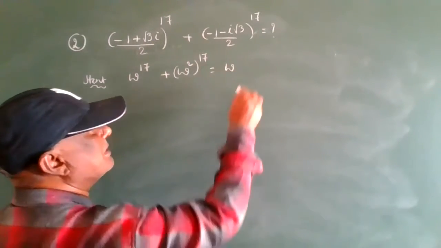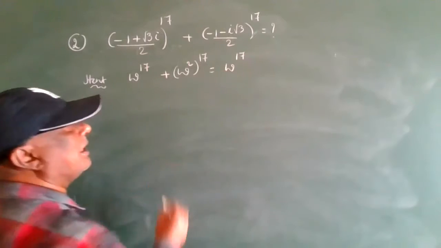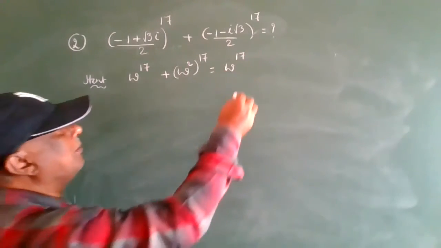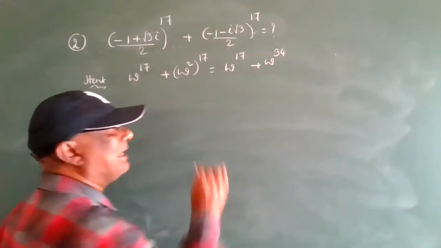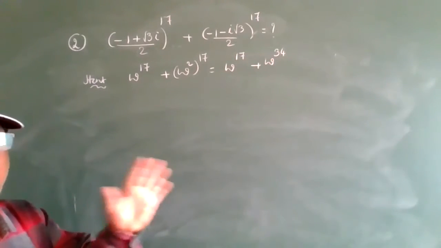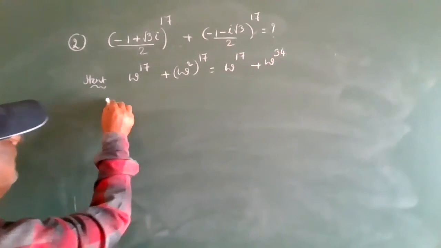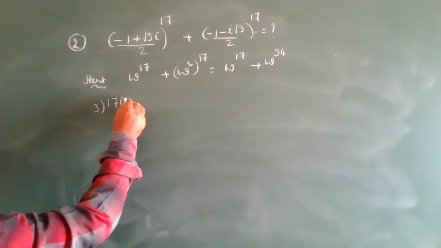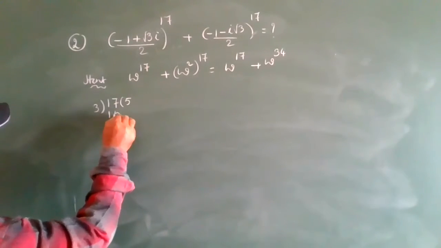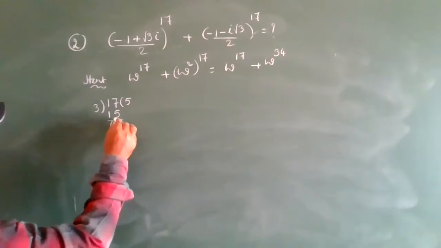Omega to the power of 17 plus omega to the power of 34. 17 divided by 3, write down the remainder. 17 divided by 3, that is 5 times, 15. Remainder is 2.